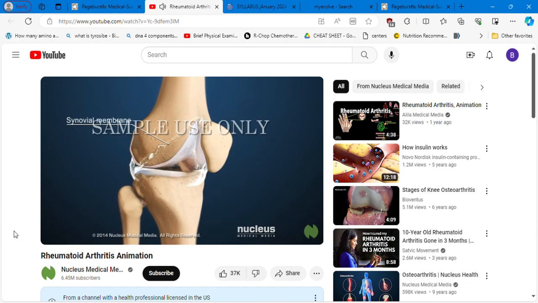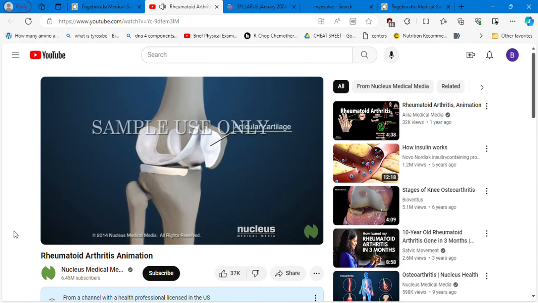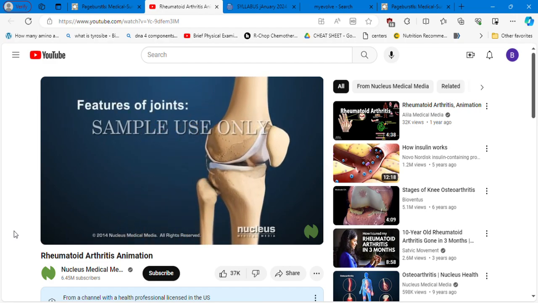Inside the membrane, synovial fluid lubricates and nourishes joint tissue, such as cartilage. Articular cartilage is a tough, slippery covering on the ends of the bones, which allows smooth joint movement. Joints give the body flexibility, precision of movement, and help in supporting the body's weight.